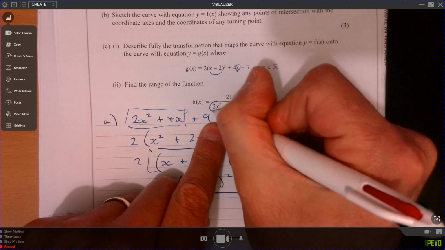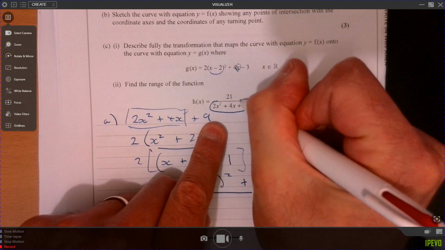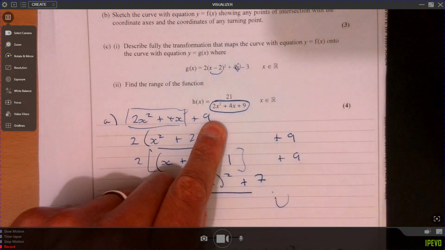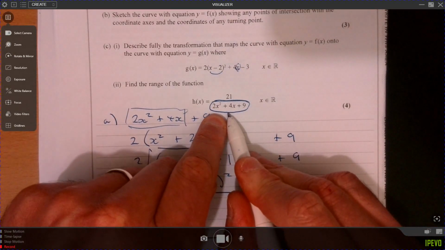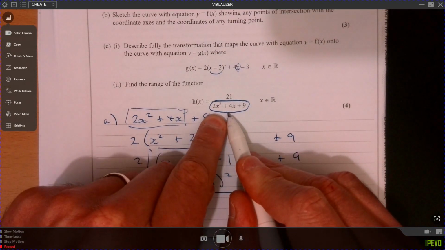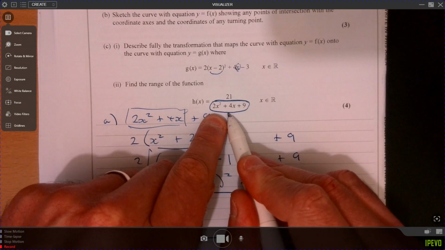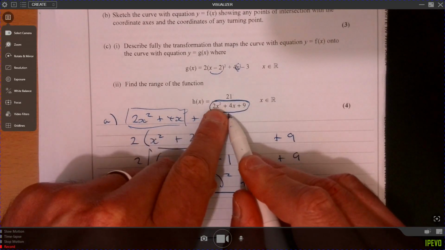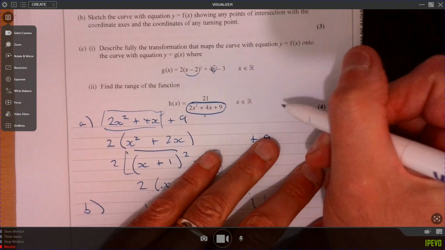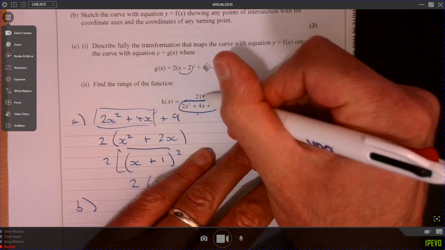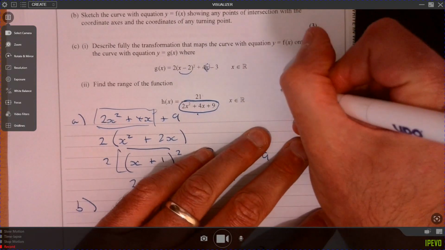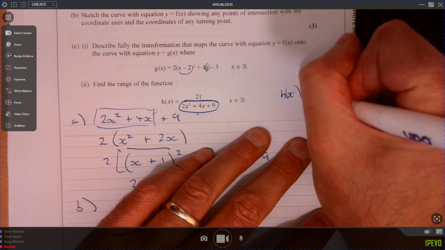To find the range, that's the different possible answers that we could actually have. Think about what the smallest answer possible is here. The smallest answer possible is 7, so we have 21 divided by 7, which is 3, quite significant.